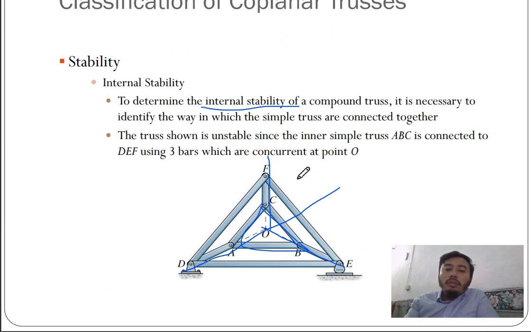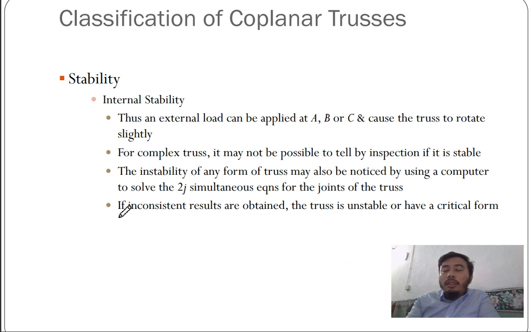If you apply a load here, the truss would rotate in this direction because there is no restraint, since the supports are concurrent, pointing towards one point. So there will be a rotation. You cannot analyze a rotating structure in statics, you need to analyze it dynamically. So it is not a statically determinate structure.